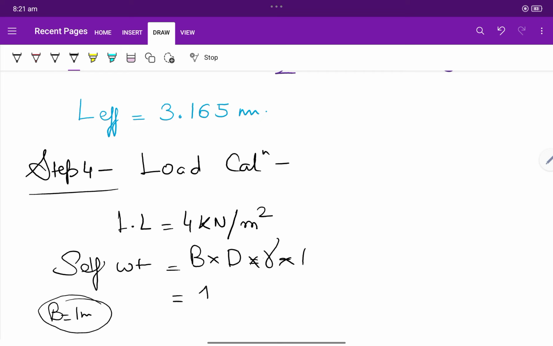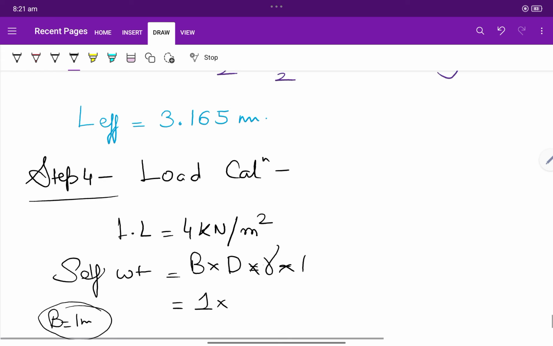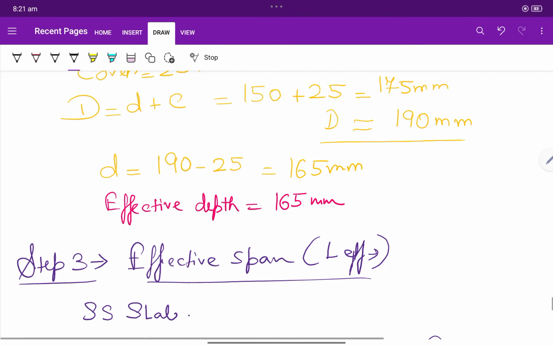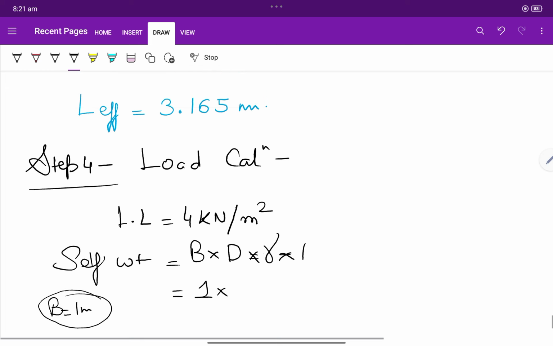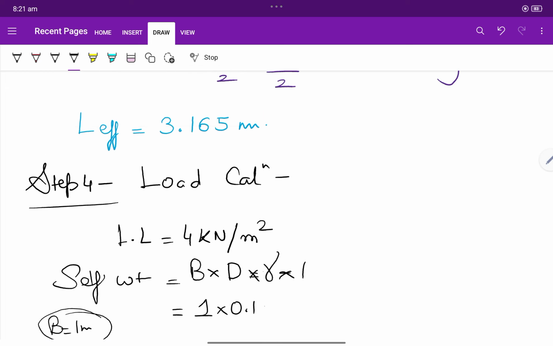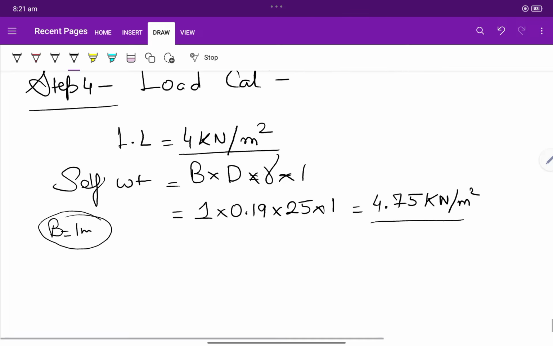So 1 into depth, where we have taken capital D as 190, so 0.19, into unit weight of concrete, which is 25, into 1. So it comes to 4.75 kilonewton per meter square.